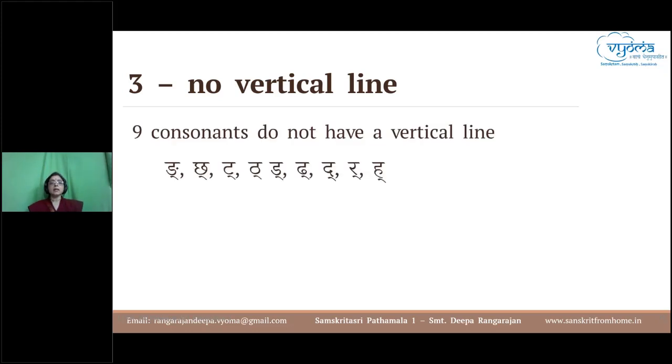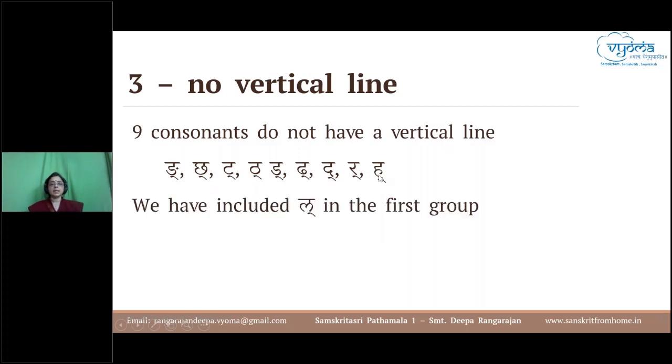Then there are remaining consonants, which are n, ch, t, th, d, dh, d, r, h. So all of these do not have a vertical line. So what do you do in this case? We will see how they combine to form conjunct consonants.